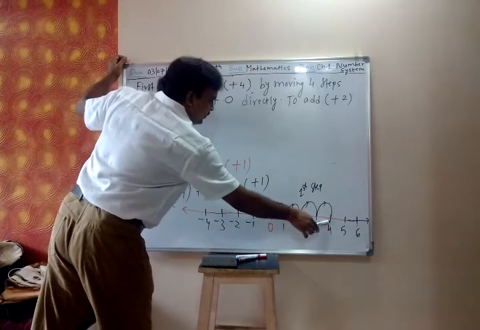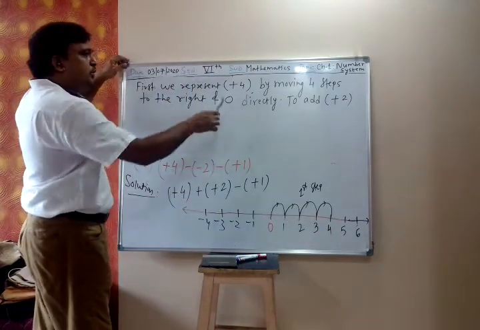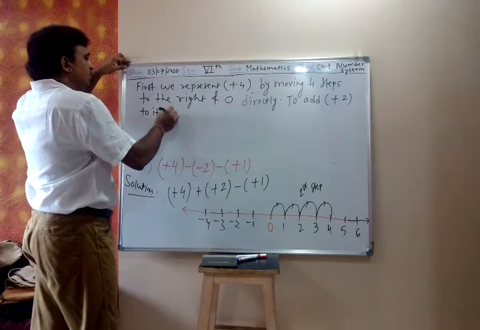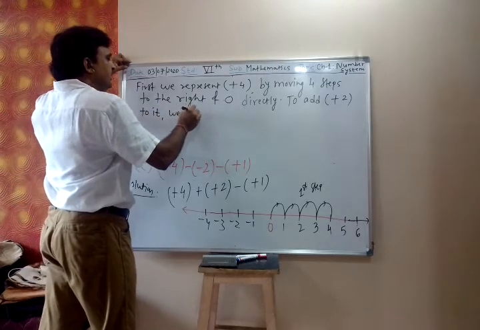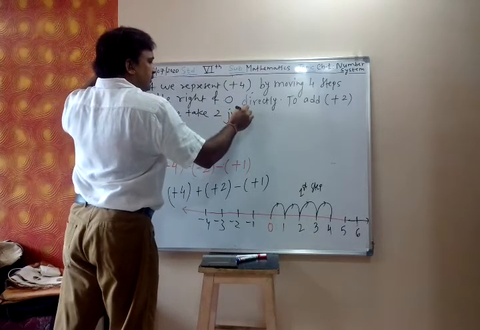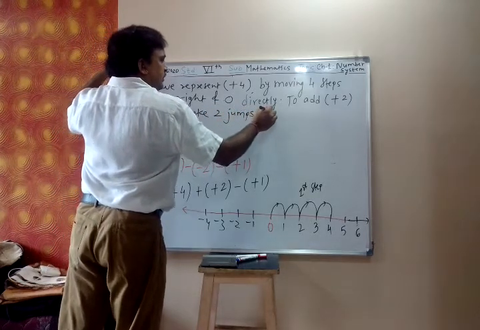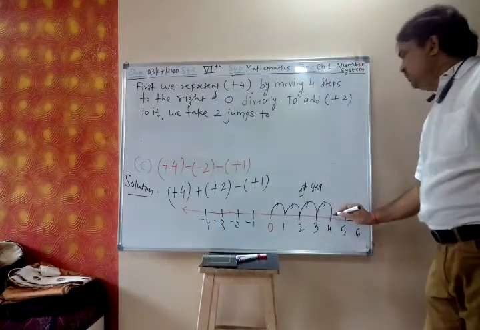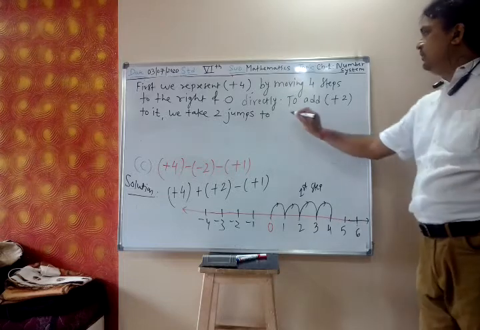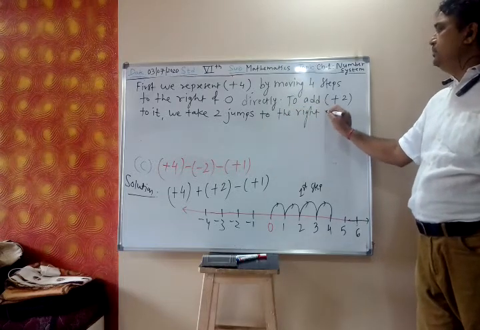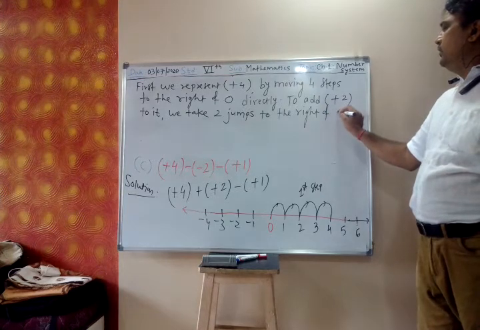Now to this plus 4 we want to add plus 2. To add plus 2 to it, we take 2 jumps to the right of plus 4, because it is plus 2.